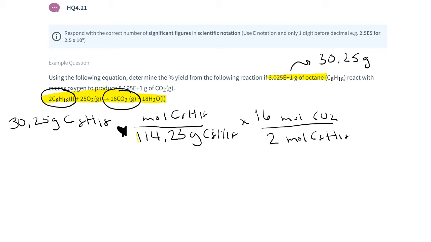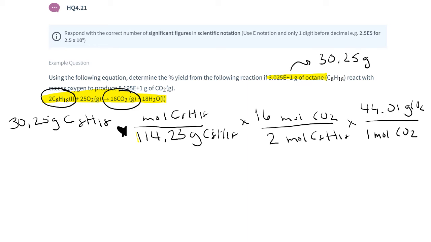So we're very close. What we really want is grams of CO2. So just like in the first step, to go from moles to grams, we're going to use the molecular weight. So the molecular weight of carbon dioxide is 44.01. So let's get that here: 44.01 grams of CO2 per 1 mole of CO2.